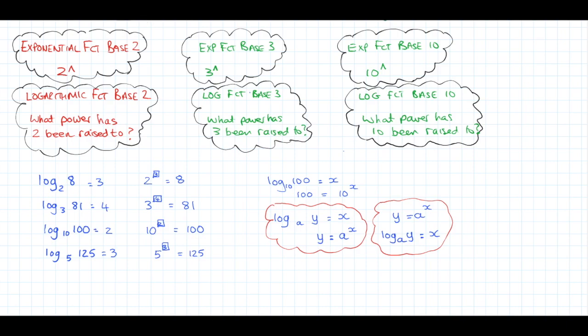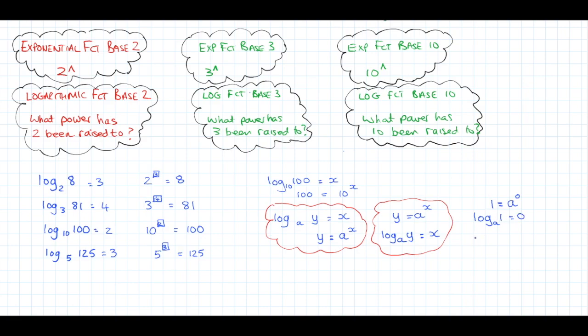Now, let's look at some very important examples that arise from that. I can write down 1 is equal to a to the power of 0, and that's true. Writing that in logarithmic form, that would be log 1 to base a is equal to 0.